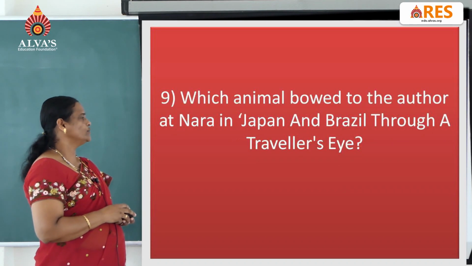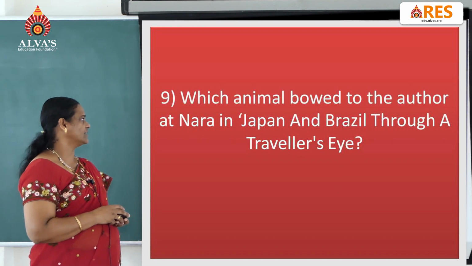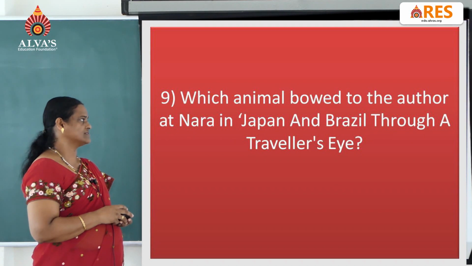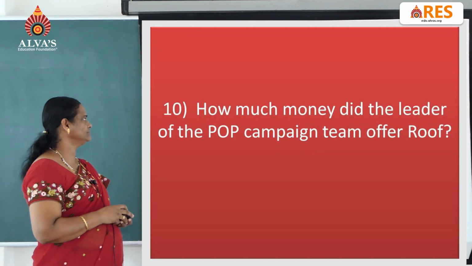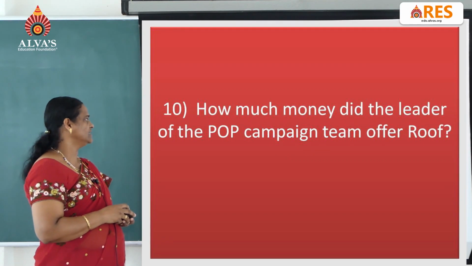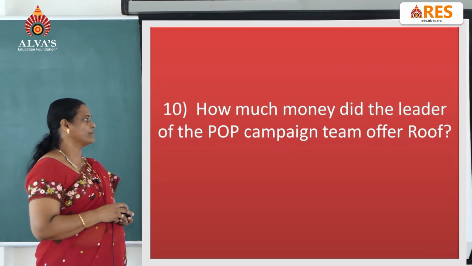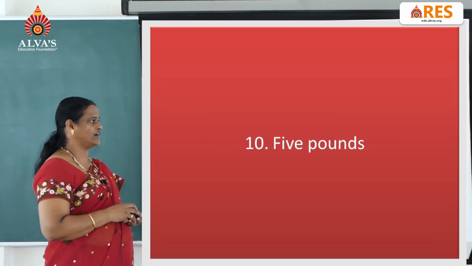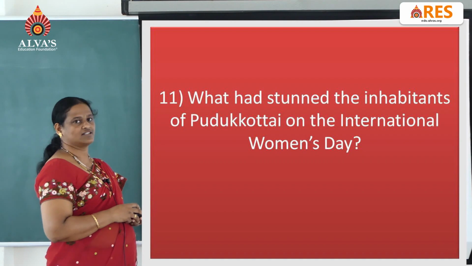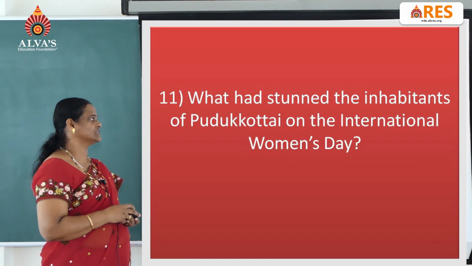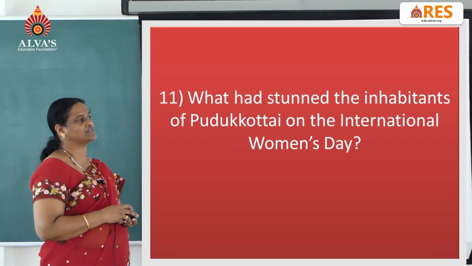9th question. Which animal bowed to the author at Nara in Japan and Brazil through a traveler's eye? That is a deer. How much money did the leader of the PUC campaign team offer Roof? 5 pounds. What had stunned the inhabitants of Pudukkottai on the International Women's Day?